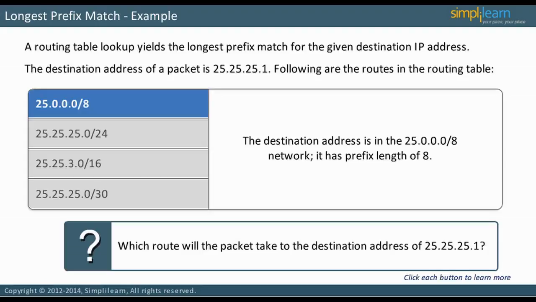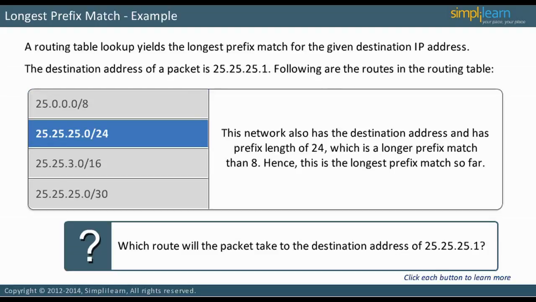The destination address of a packet is 25.25.25.1. This address is in the 25.0.0.0/8 network. It has a prefix length of 8. This network also has the destination address and has prefix length of 24, which is a longer prefix match than 8.